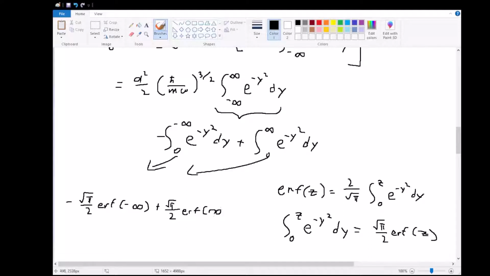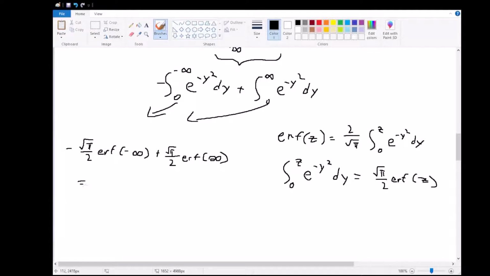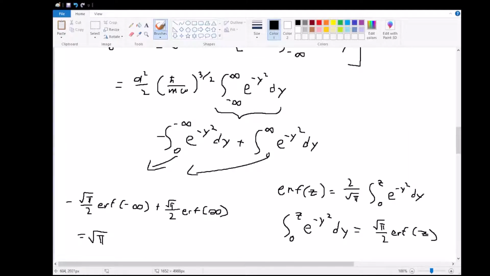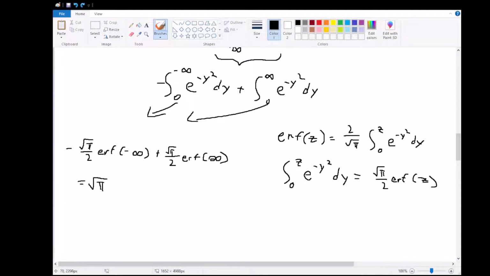And the error function of plus or minus infinity is plus or minus 1 respectively, so this is equal to square root of pi. We have negative square root of pi over 2 times negative 1, plus square root of pi over 2 times positive 1. So that's just 2 times square root of pi over 2, which is just square root of pi.